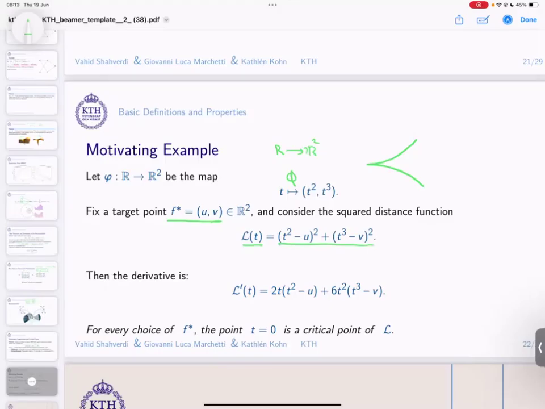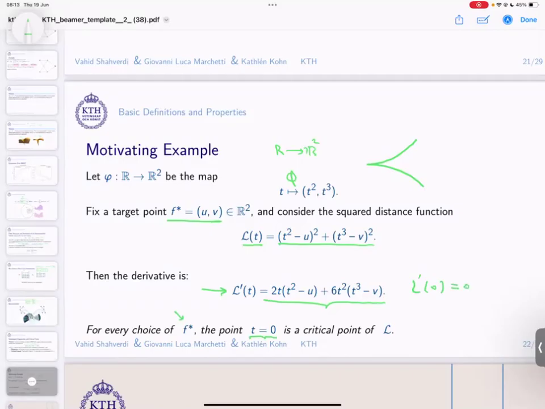To compute the critical points, I need to take the derivative with respect to t. And when I do that, L prime looks like the following. It's just a simple computation. But now look at this. For every choice of f star, the point t equals 0 is a critical point for L, because L prime of 0 is 0.